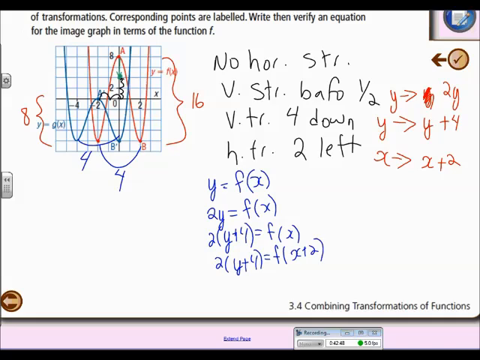A lot of times they'll just resolve for y. So then y plus 4 equals 1/2 f of (x plus 2), and it's okay to leave it there. You'll see a lot of them with the vertical translation still over there. Or take the 4 over: y equals 1/2 f of (x plus 2) minus 4. Really, either of these last two are good to leave it at.